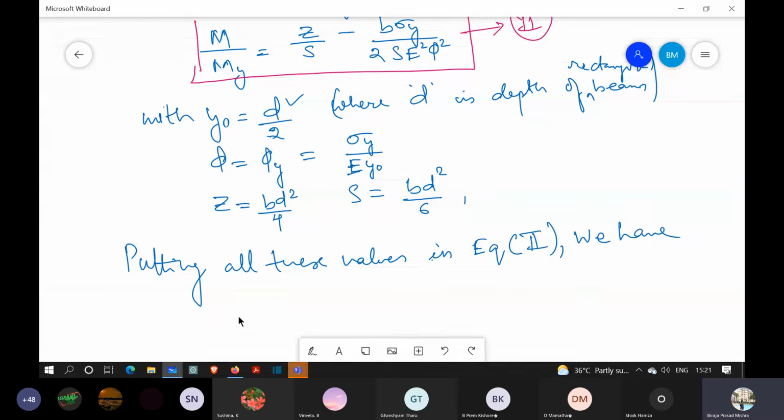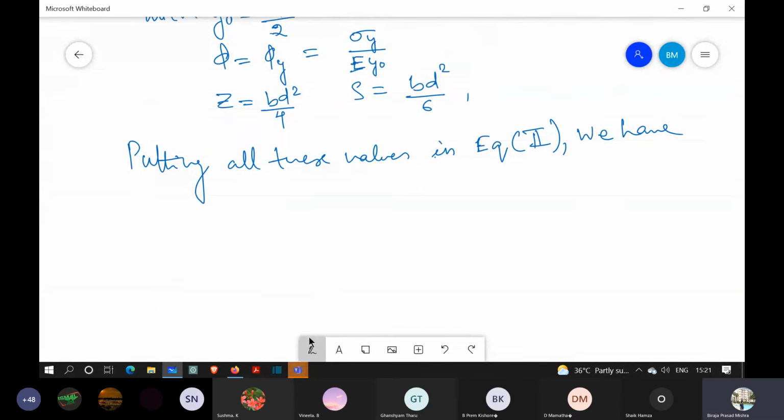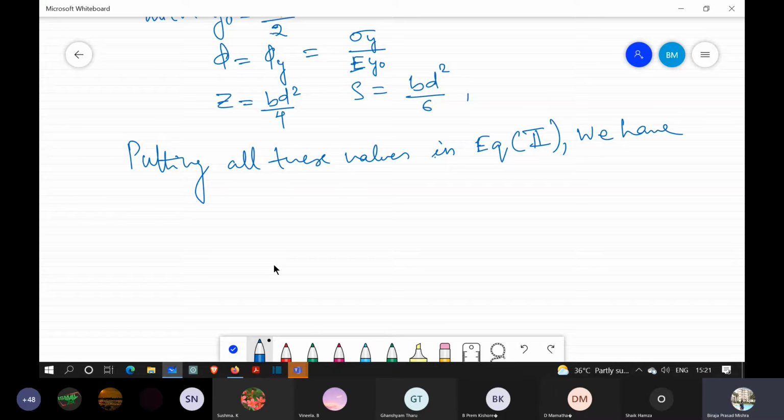Now, putting all these values, I'm directly putting that value, you can check it on your own.